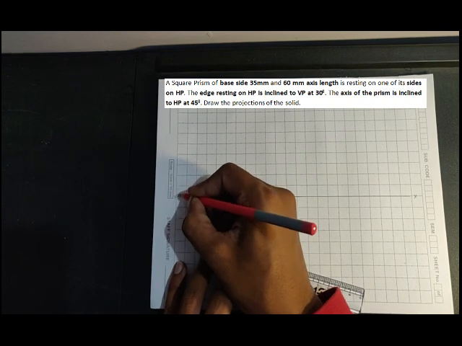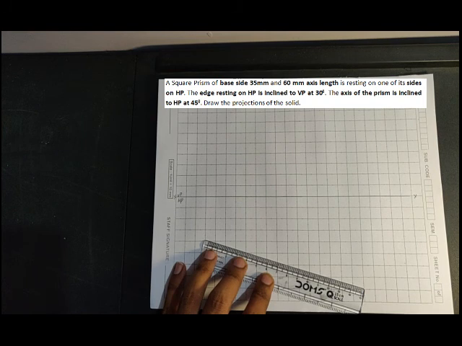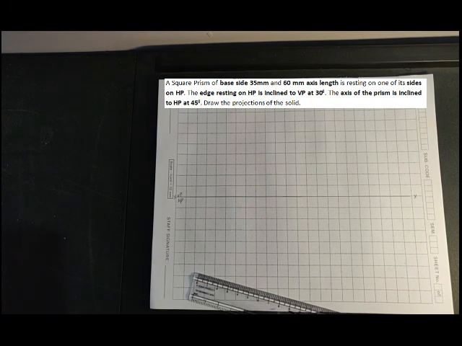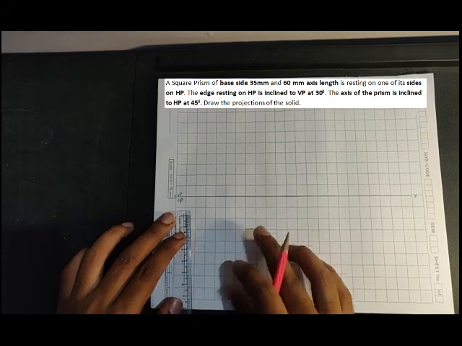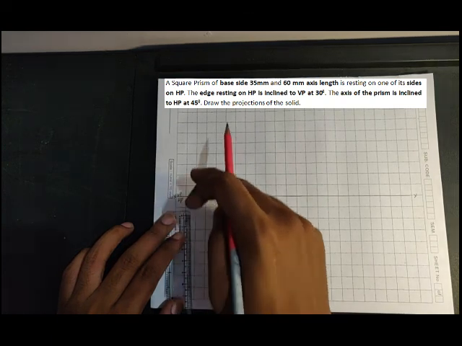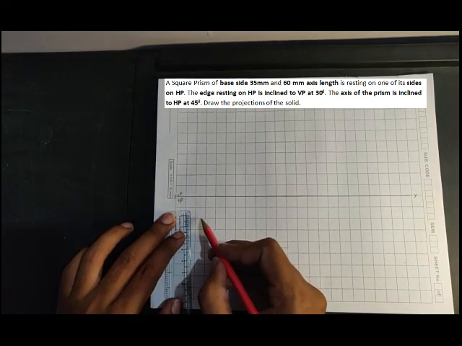I'm going to write VP and HP. Okay, so I've written VP HP. So let us start with the top view. I hope you have understood how to draw the top view for a square prism. You've already seen it. So I'll start with the top view instead of going for the front view, though no doubt you can also start from the front view.